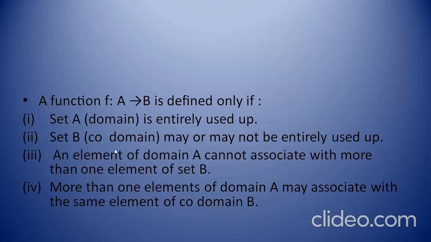Set B may or may not be entirely used up. An element of domain A cannot associate with more than one element of set B. Fourth point, more than one element of domain A may associate with the same element of codomain B. That is the definition of the function.